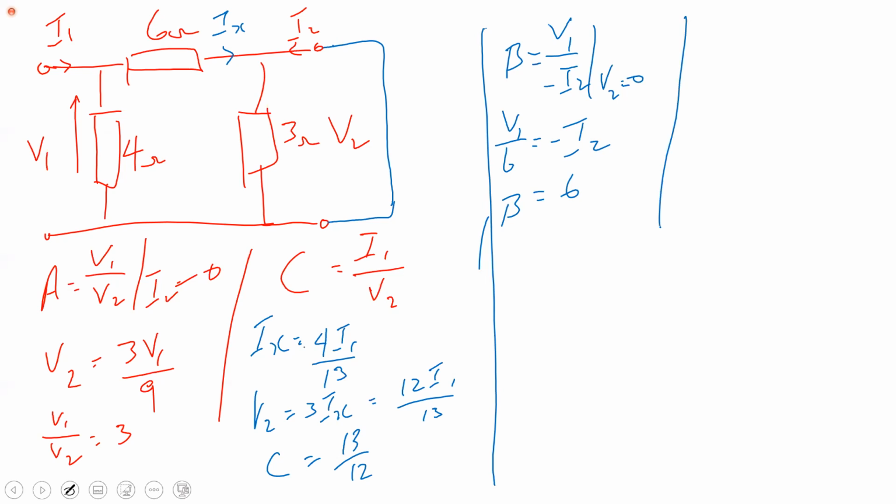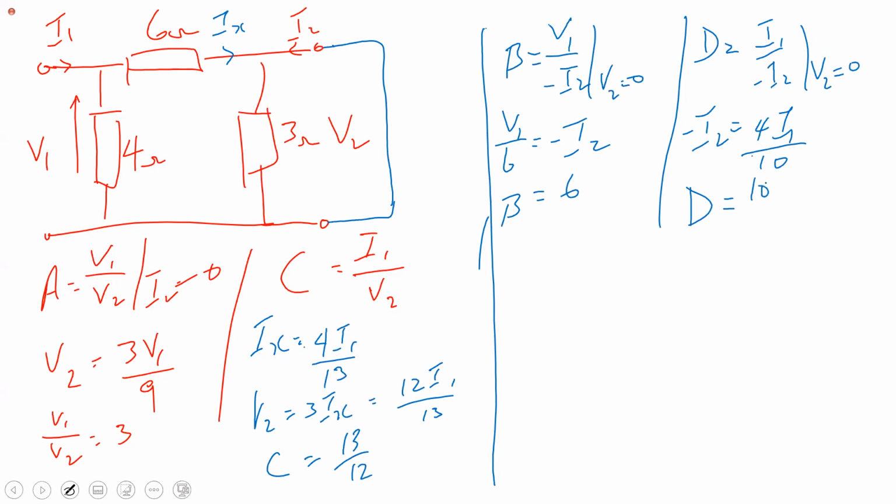I'm just going to put D over here. D is equal to I1 minus I2. Again, with V2 equals 0, so we are maintaining the short circuit. So minus I2 would be equal to 4 I1 over 10, which means that D is equal to 10 over 4.